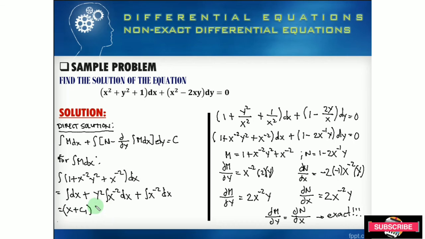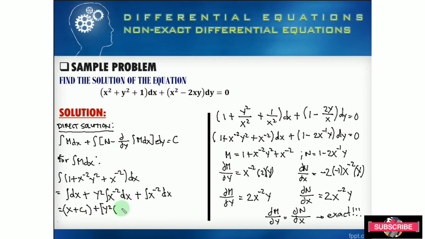For our second term, we have y squared, so we will just enclose this with a bracket. The integral of x raised to the negative 2 dx is just simply equal now to, try to remember your integral property: the integral of u to the n du is equal to u to the n plus 1 all over n plus 1 plus a constant. In this case, our u is x and our n is negative 2. So n plus 1 is negative 2 plus 1, which is just equal to negative 1.